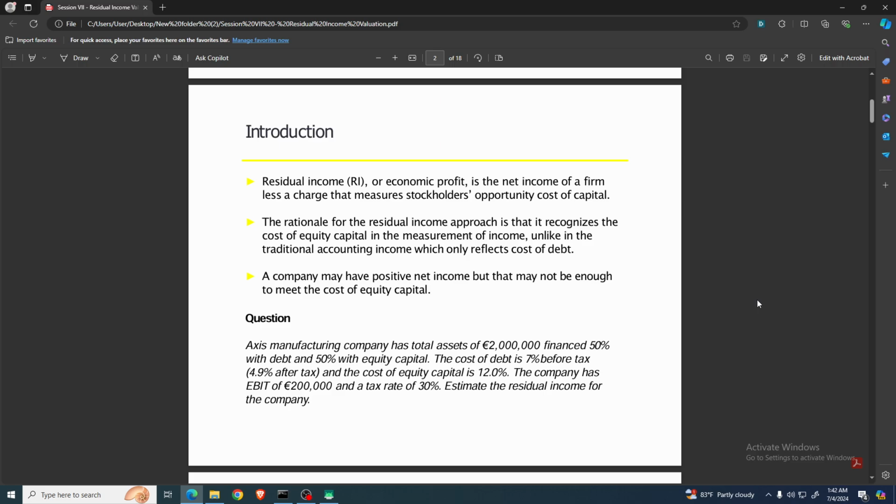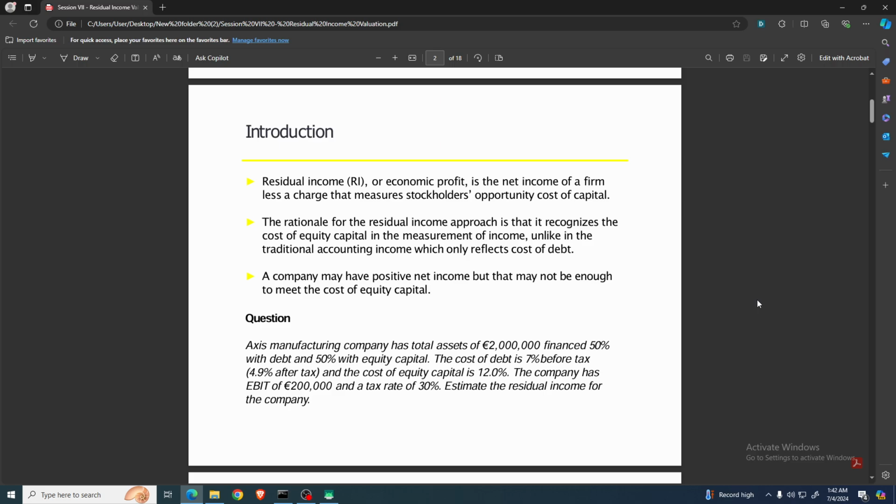As we have discussed earlier, this recognizes the equity cost. Unlike traditional accounting income, which typically only reflects the cost of debt, residual income recognizes the cost of equity capital as well. This becomes crucial because equity investors expect a return on their investment just as debt holders do.